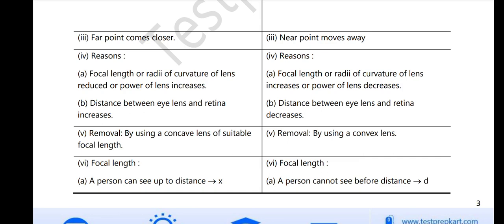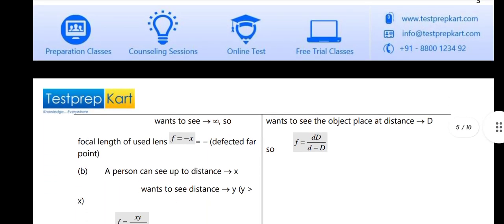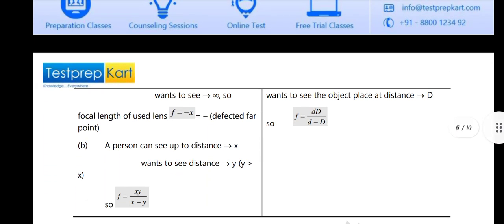By using a concave lens of suitable focal length, that is, glasses with a concave lens of suitable focal length. If a person can see up to a distance x, the focal length of the lens used is f = -x, that is, the defected far point.